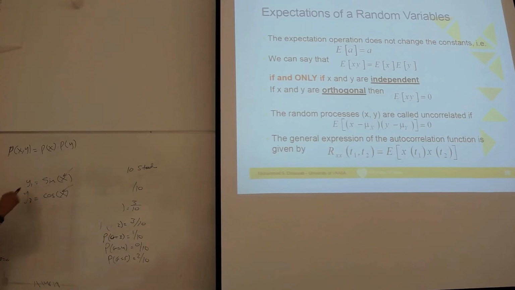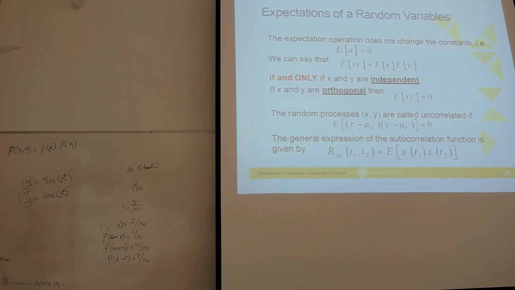Now y1 and y2 are orthogonal because sine and cosine are orthogonal functions, but they are dependent on each other because both are based on the same random variable. So not every pair of orthogonal random variables is independent. They can be dependent, and of course can also be independent.